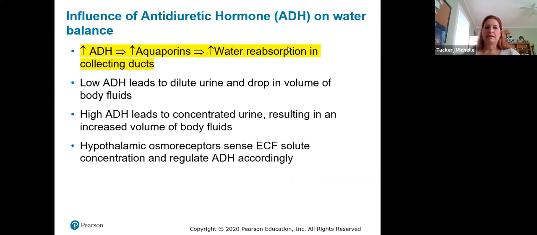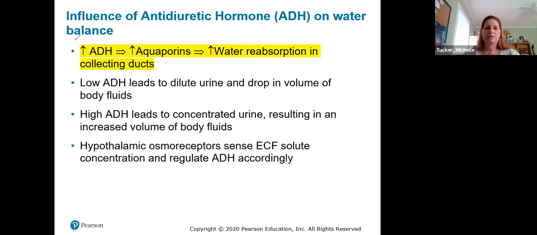Now we're going to look at the influence of antidiuretic hormone on water balance, and then we'll look at the effect of aldosterone. The posterior pituitary is responsible for secretion of antidiuretic hormone.